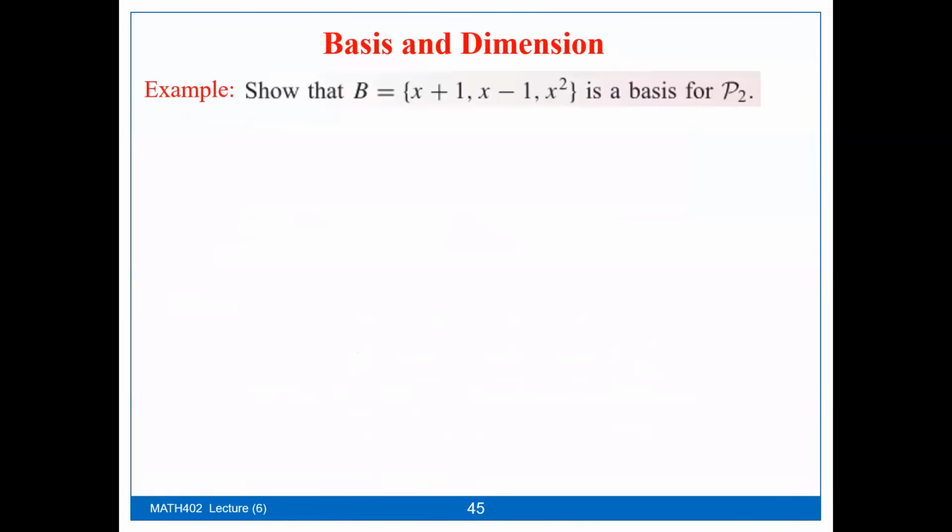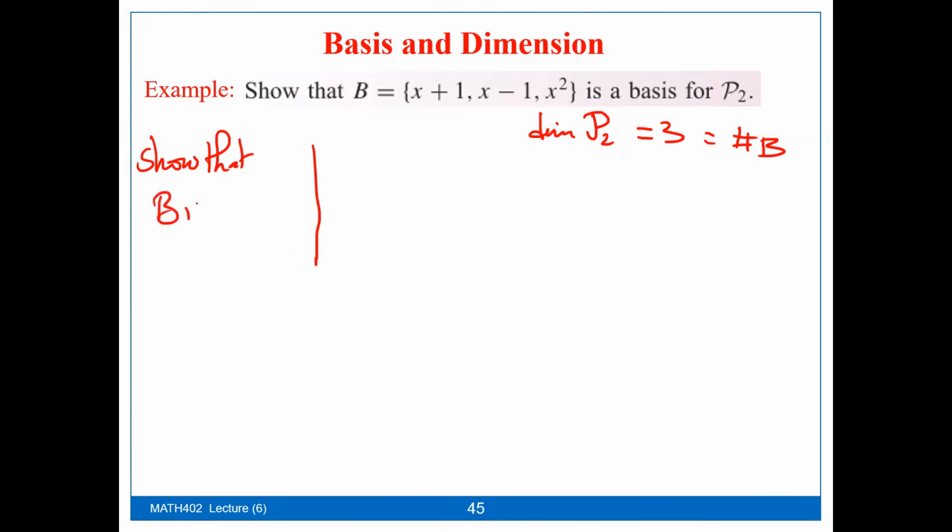Show that this is a base. So again, here we said the dimension of P2, the set of polynomials of degree less than or equal to 2, is 3. And it's the number of elements of B. Okay, so show that B is linearly independent.